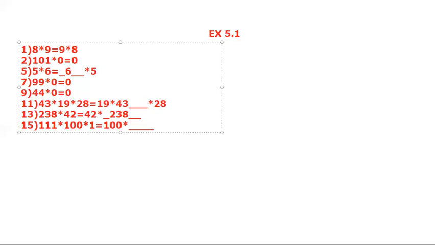See, when you multiply any number with 1, the number is always the same. So there is no need of multiplying any number with 1. Suppose you multiply 5 with 1. What will be your answer? 5. So there is no necessity of multiplying any number with 1. The answer will be the very same number.